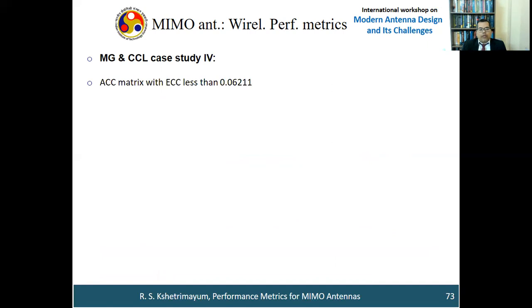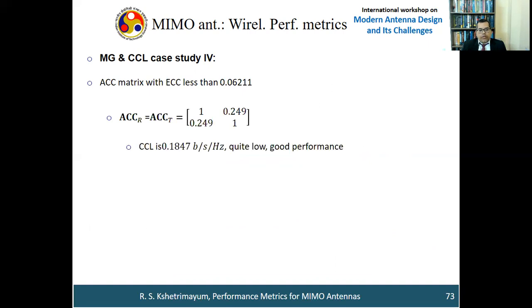And because of that neutralization line application between the 2 elements of the MIMO antenna array, ECC is less than 0.06211. So you can fill out the antenna correlation coefficient matrix now and find out that CCL is around 0.1847, which is quite low and very good performance. Multiplexing gain is, in this case, there's a typo here, it should be 2, and it's quite good.